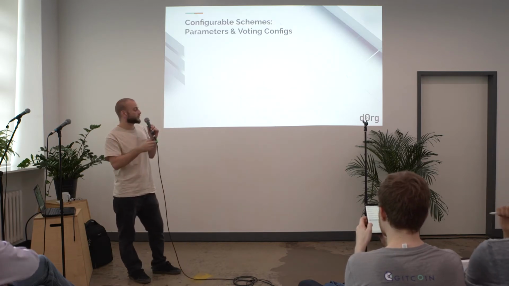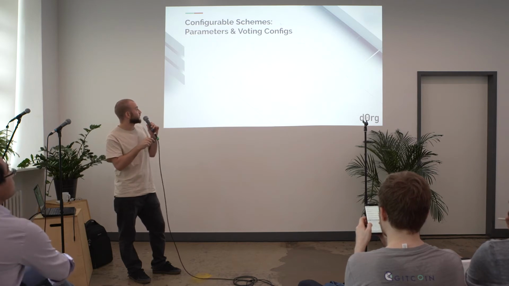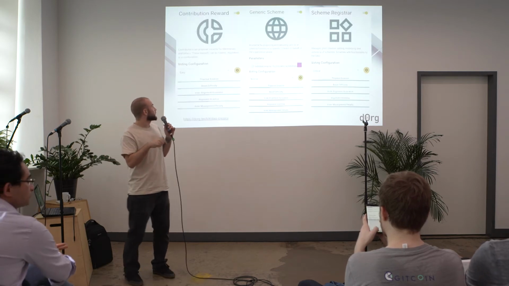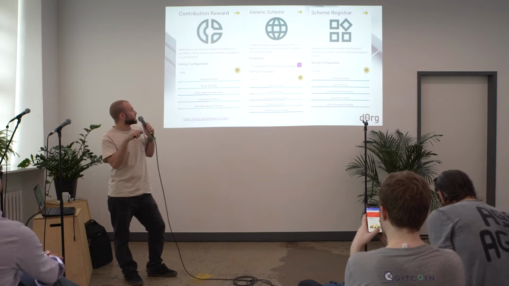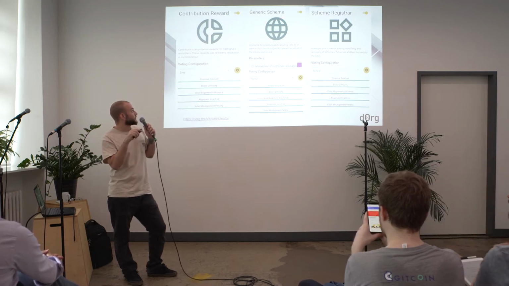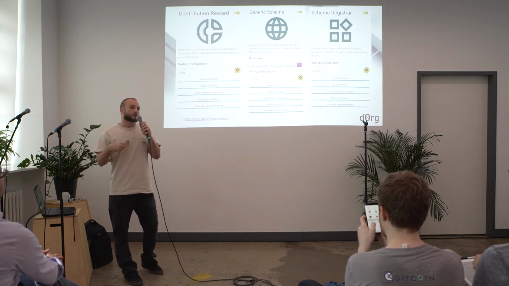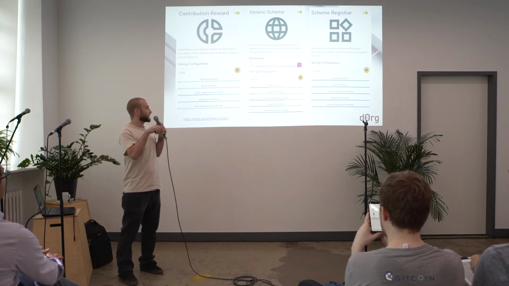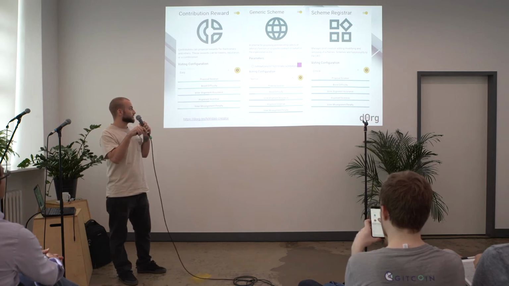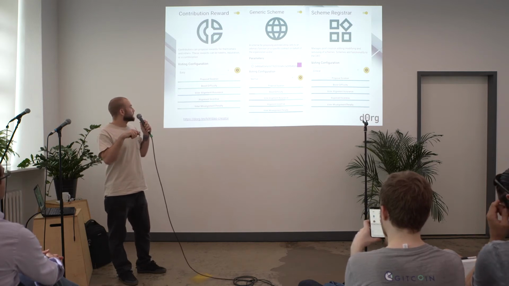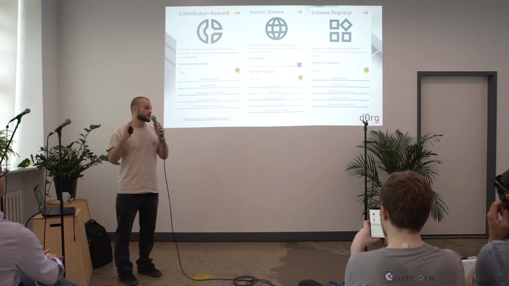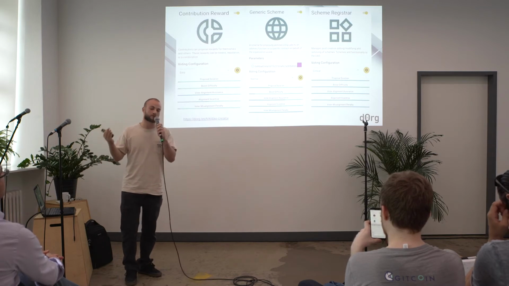Configurable schemes. So with schemes, we have parameters and voting configurations. And so parameters are specific to the scheme. So a great example of a parameter is with the generic scheme. We have the parameter of the contract that it will call. And so again, in the case of the DX DAO, this contract address is the DutchX. And then we have the voting configuration. So each scheme can be configured to have different voting configurations.